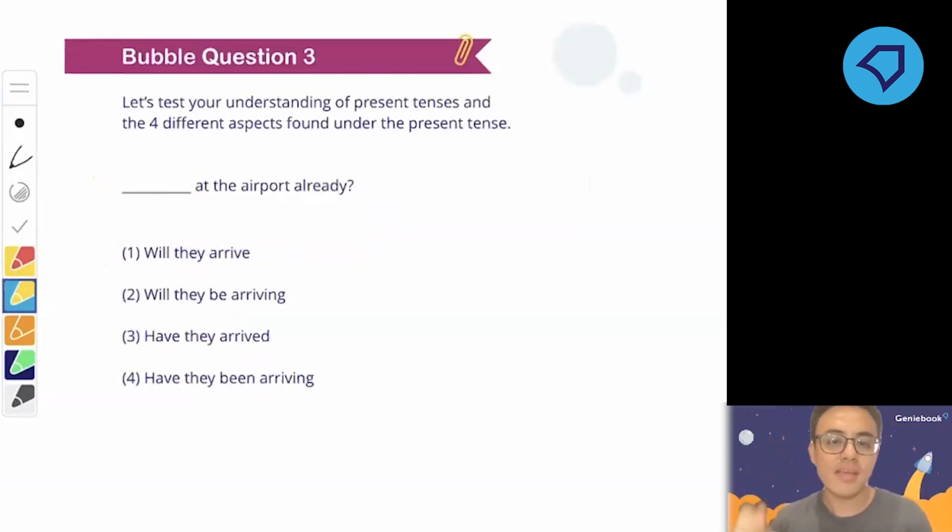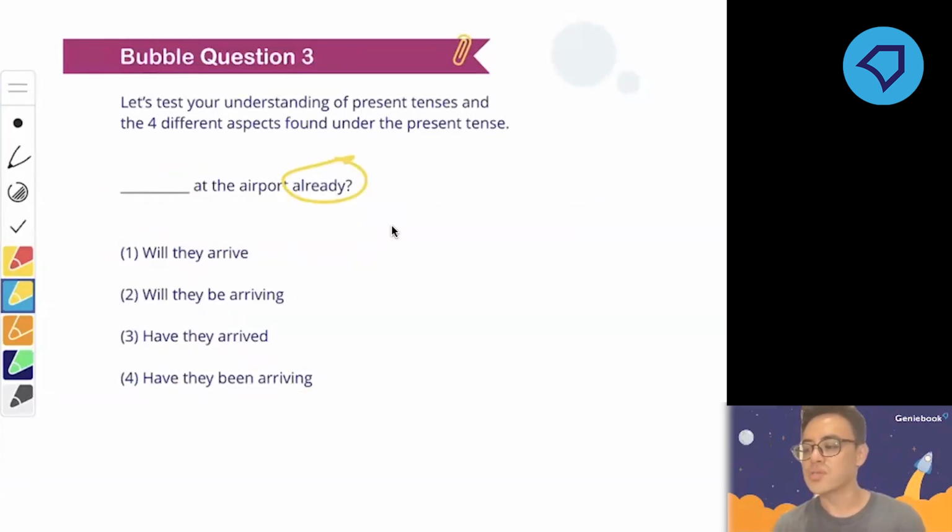Okay, next one. What at the airport already? Let's ask question number 3, 30 seconds in now. What at the airport already? So the answer for bubble question number 3, already means that this person who's speaking thinks that the action has occurred and has already ended. Okay.